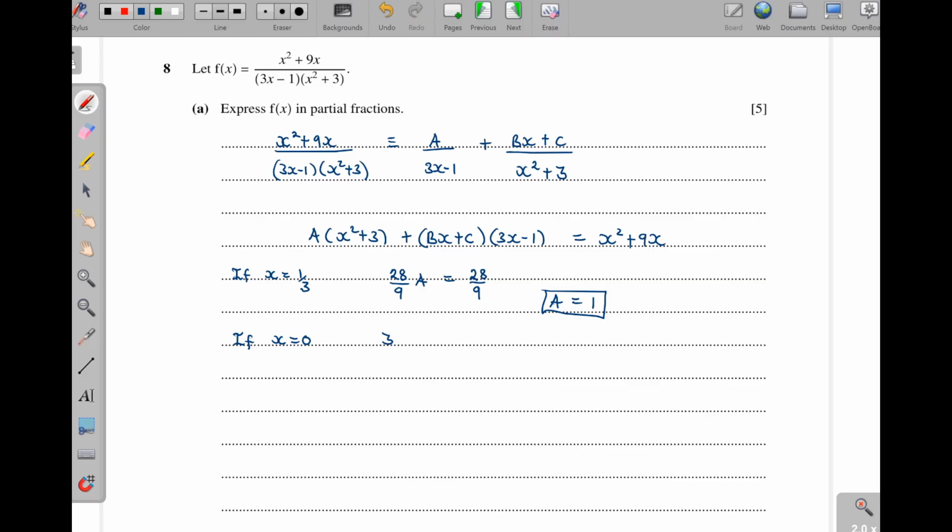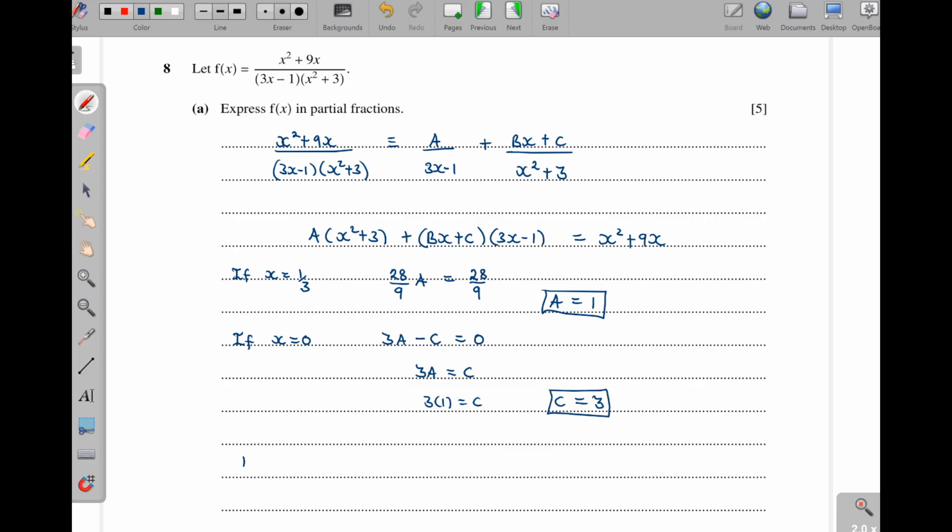We shall get 3 of a, then plus this goes, then there is a negative 1, then times the c. So we shall have minus c, which is equal to, of course this side we shall get a 0. So what does this mean? 3a is equal to c. But a is 1. That means our c is what? Is a 3. And that is that.